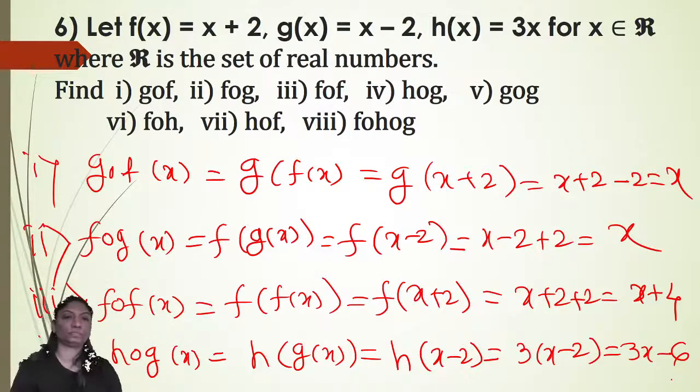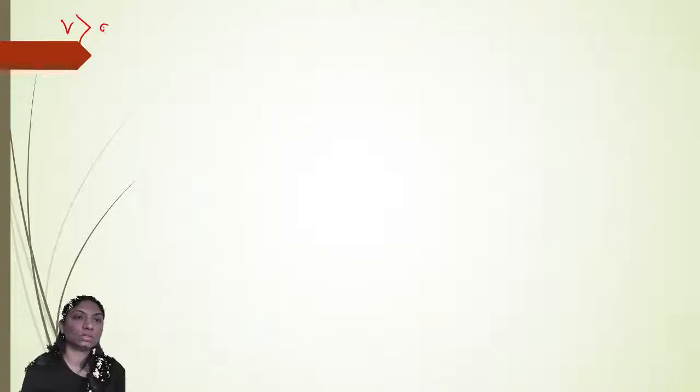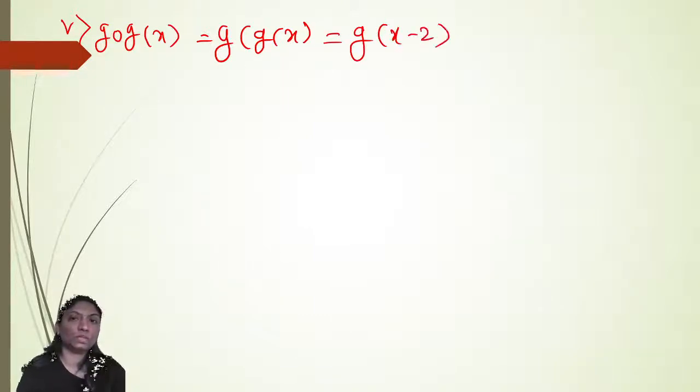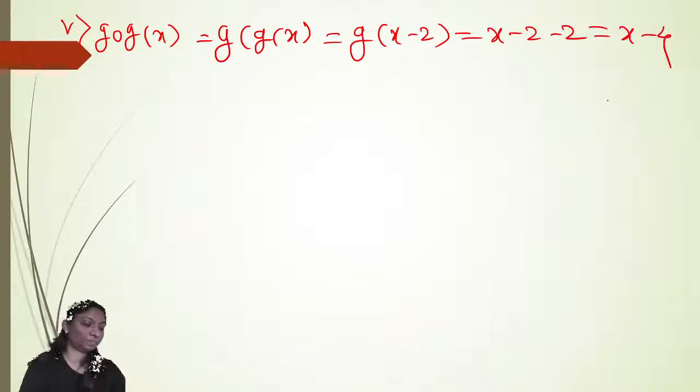Right? Fifth one, g composite g of x. So g of x is x minus 2. So x minus 2 minus 2, x minus 4.